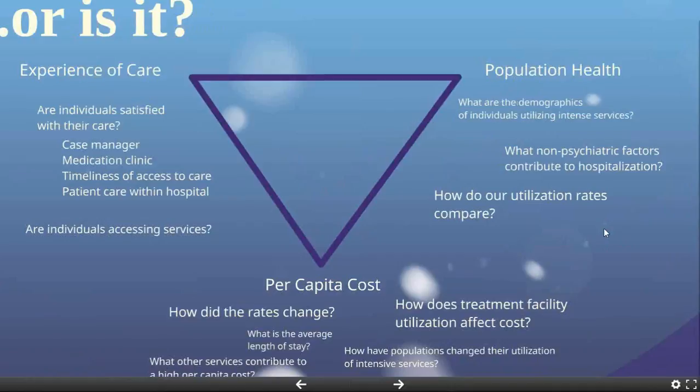Are they getting their needs met from their case manager, from the medication clinic that they go to? Is there timeliness of access to care? So you think about the time from when they schedule an appointment until they're seen. Is that a week, or is it several months? What is patient care like within the hospital? Are they receiving the services that they need, or are they going back several times?